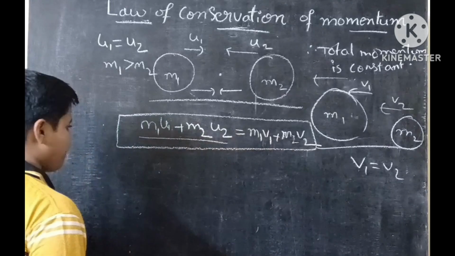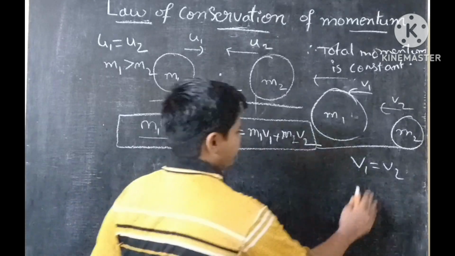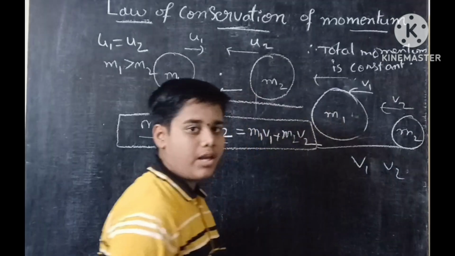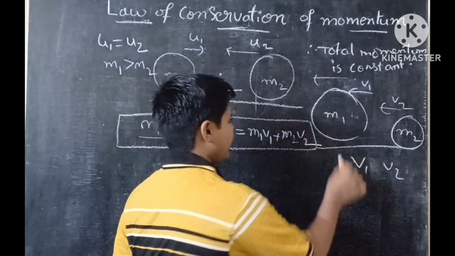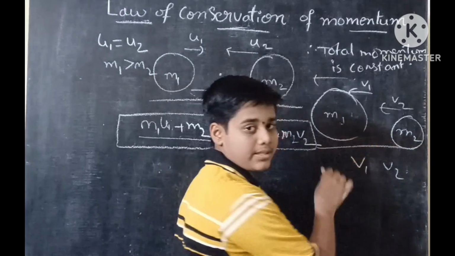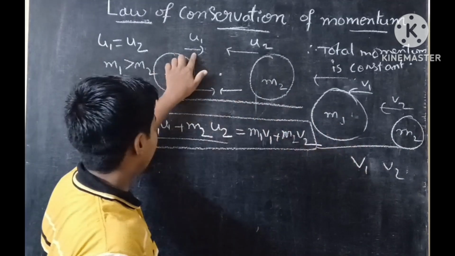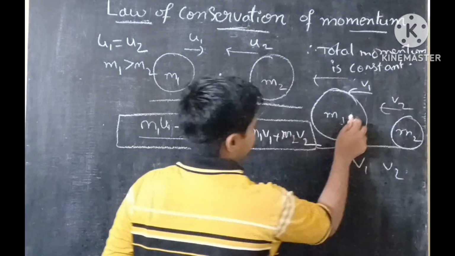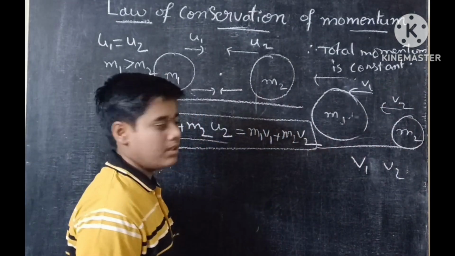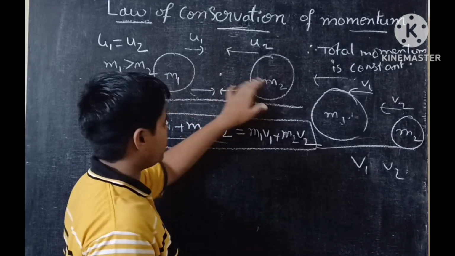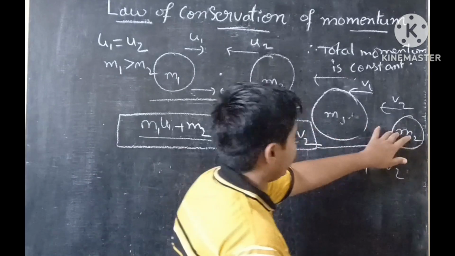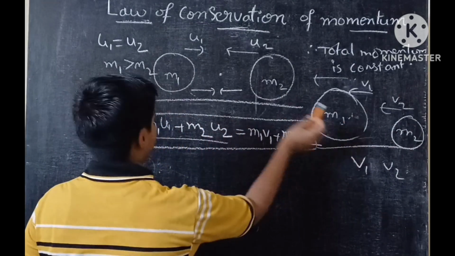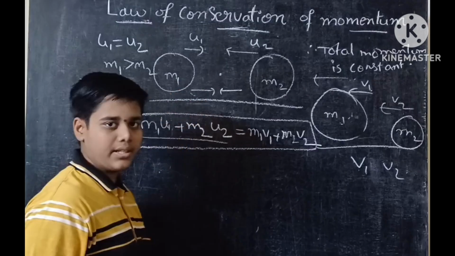Here we should not take velocities as equal, because this body has u1 and this body has u2, and after collision this body has v1, because here both are before collision like this and after collision like this. Here this body has bigger mass and this body also has bigger mass.